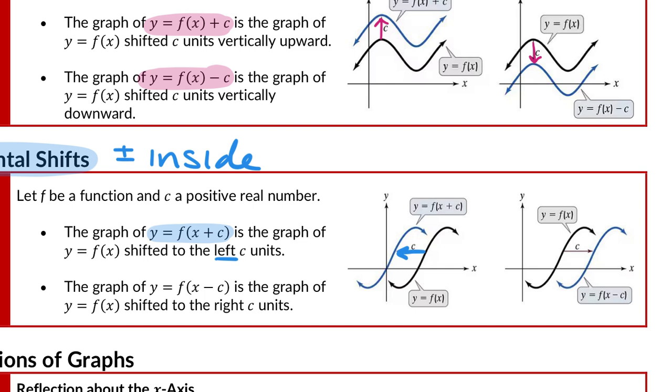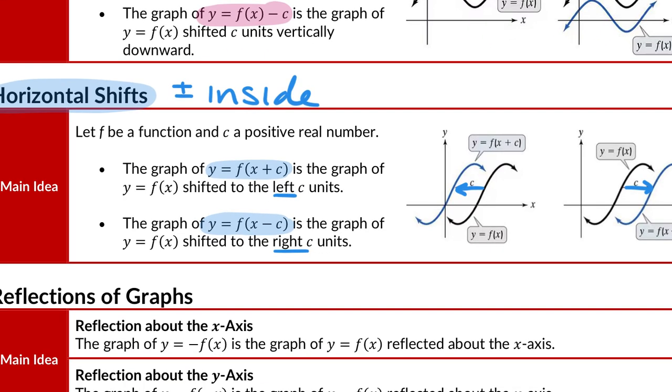If you see minus c inside the function, that's when we're moving a function to the right that many units. So every single point you would shift, just counting over the number of units you need to shift it. Horizontal transformations occur inside the function and go the opposite way than you think.